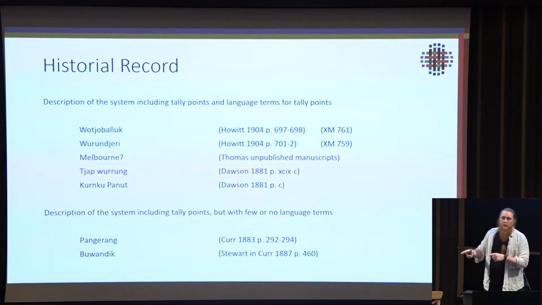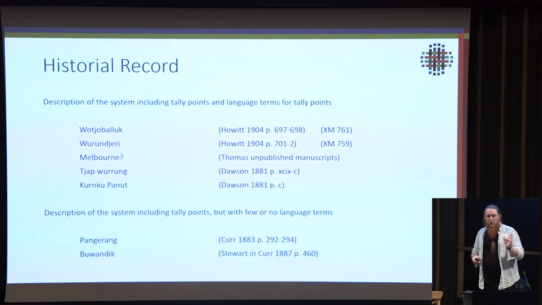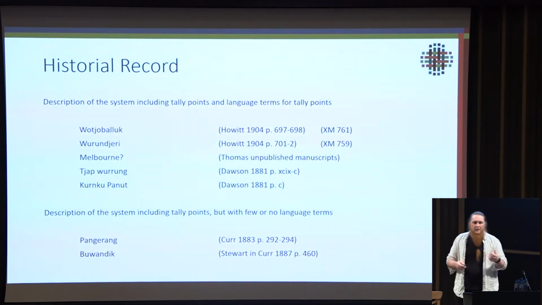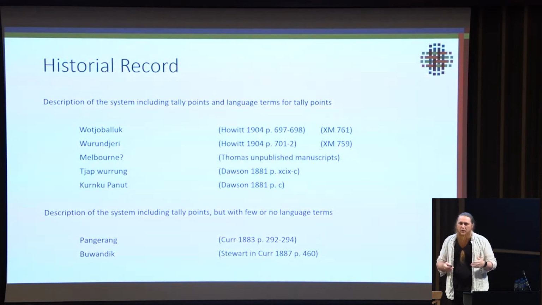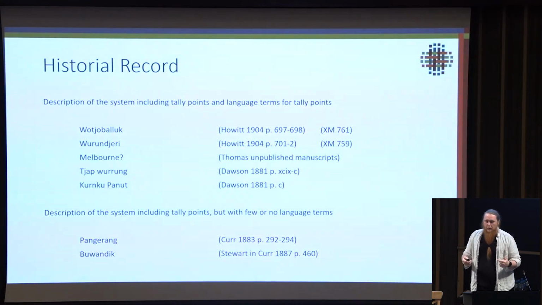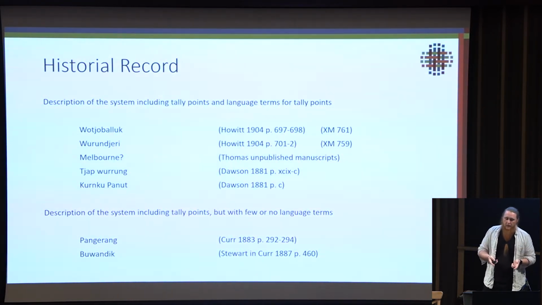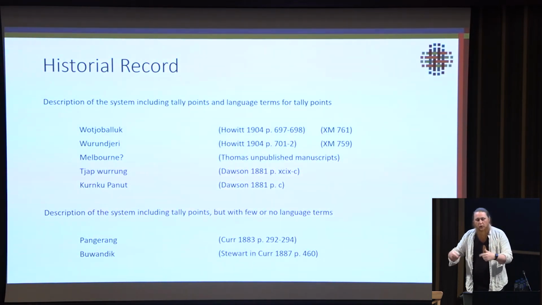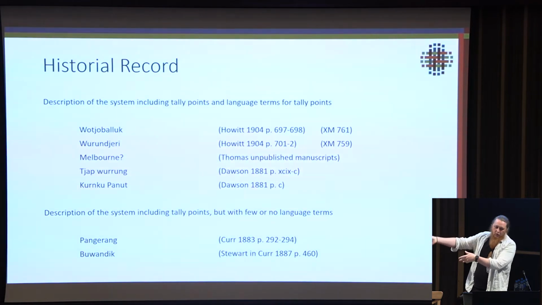We have two more accounts that come from Ker for the Bangarang, which are another name for Yorta Yorta or maybe Pada Yorta Yorta. And then we have another account of the Buandik or the Bungadij that come from Mount Gambier. That comes from a fellow named Stewart, and that's recorded in a different book of Ker's.